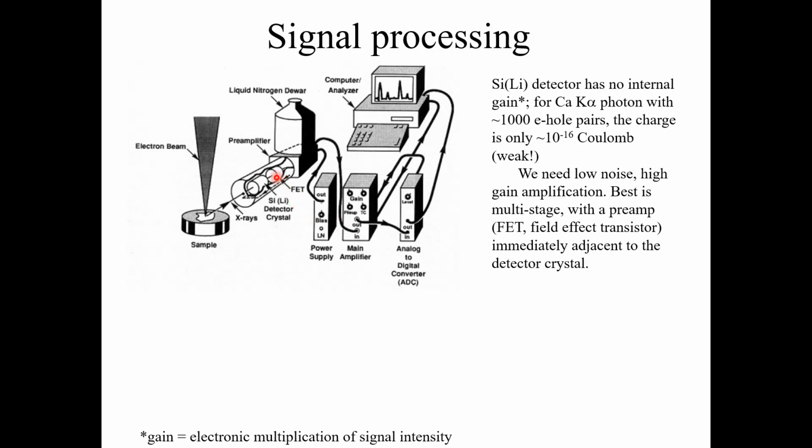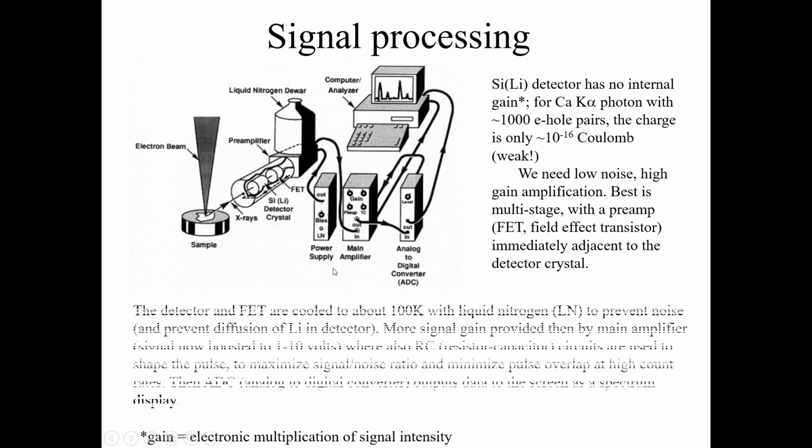So here you can see that we have an immediate and adjacent FET, that is a field effect transistor, next to the silicon lithium crystal. This is so that as soon as we get the signal, it may be amplified and processed forward for spectrum formation.